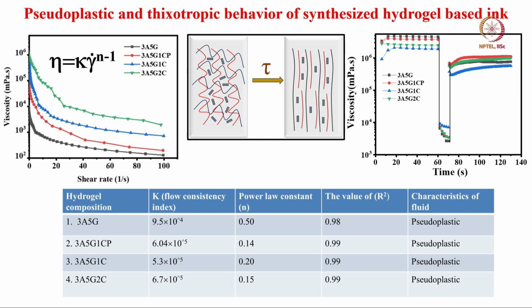So, these kinds of values are important to remember. As I said before, two key properties are of importance in the 3D extrusion printing of hydrogel: one is the shear thinning behavior and the other is the thixotropic behavior.